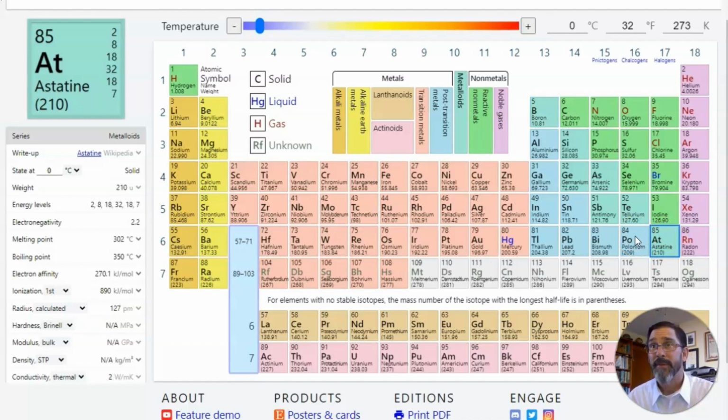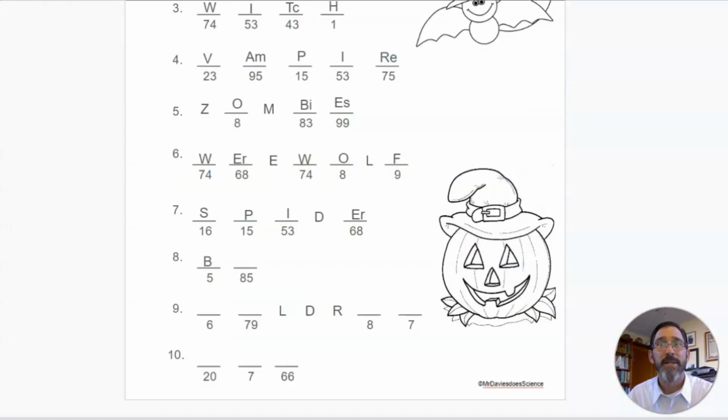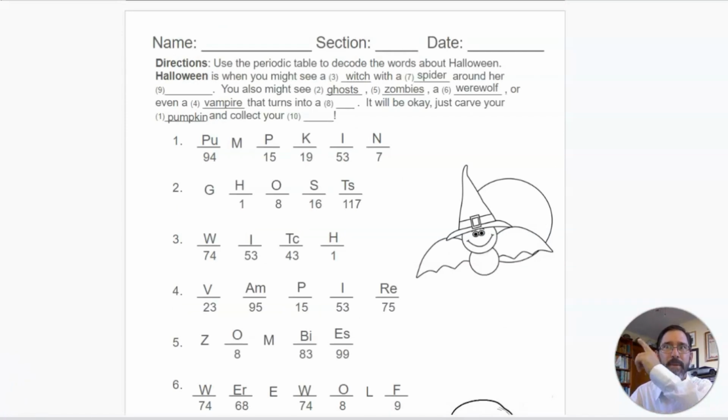The atomic symbol for astatine is capital A, lowercase t. Place a capital A with a lowercase t for number 85, and you've completed the word for number 8, which is bat. Don't forget to visit the top of the page and put in the word bat for number 8.